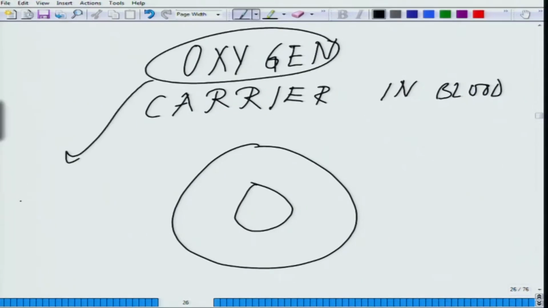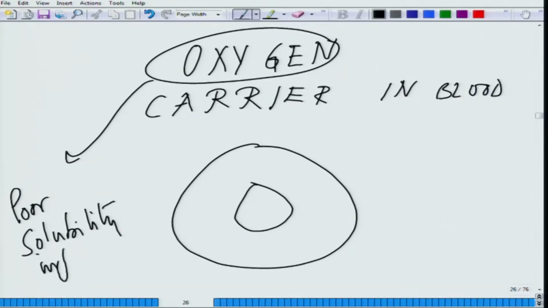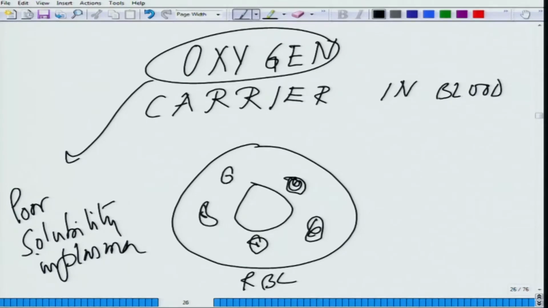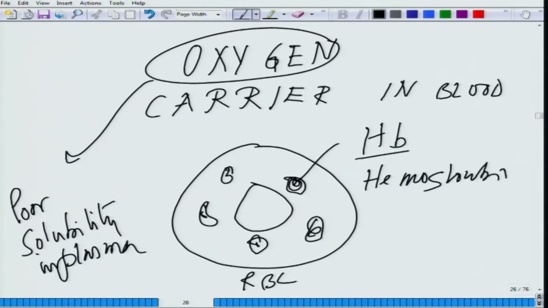This I have already mentioned, it has poor solubility in plasma. And this is an RBC, and within the RBC you have these hemoglobin molecules sitting there, which I am putting as Hb, hemoglobin. This is a protein, and we will talk about the structure of this protein.